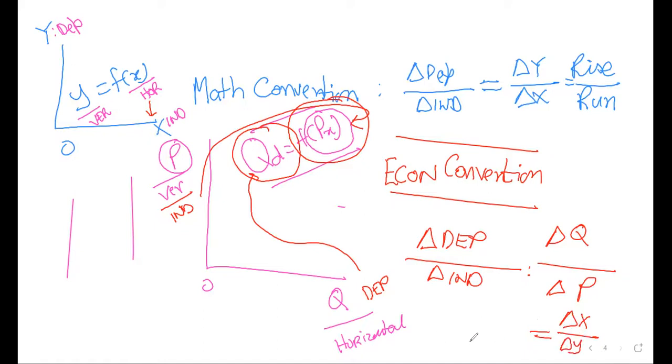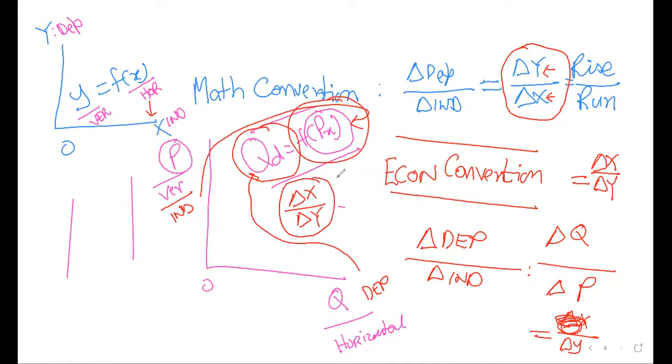Then see, in mathematics, this by definition has always been the slope from high school. But in economics, this becomes the dependent variable and this becomes the independent variable. So when we express a slope in economics, we are actually not writing del y by del x, but del x by del y. This is the inverse of the mathematical slope.